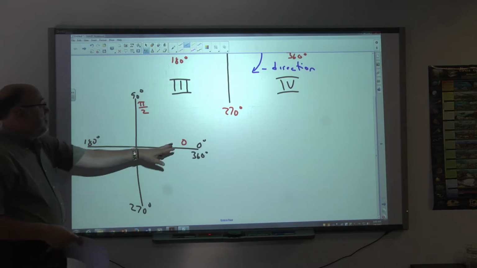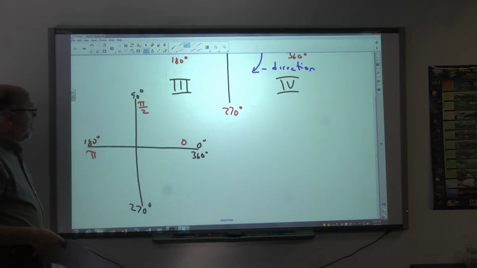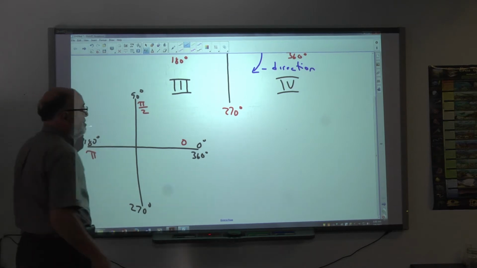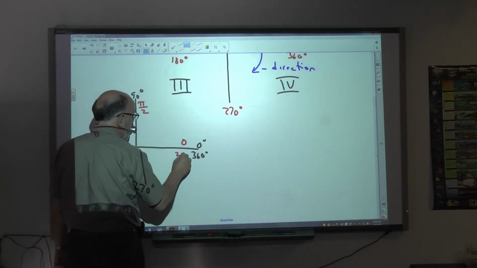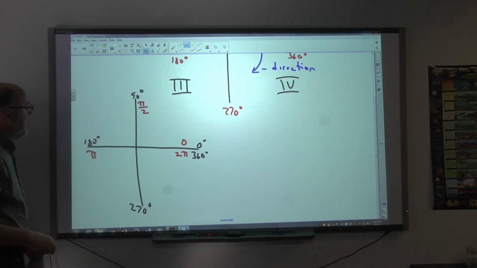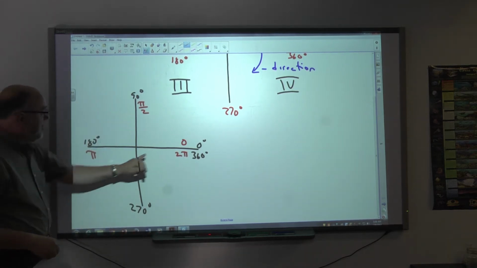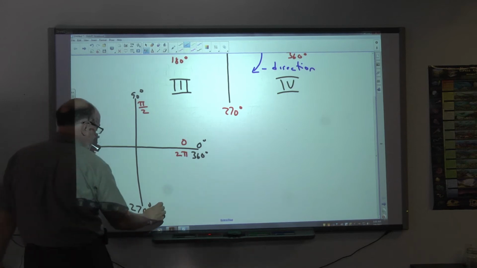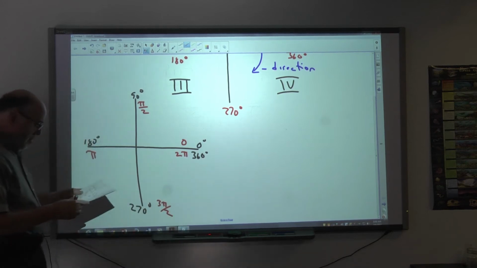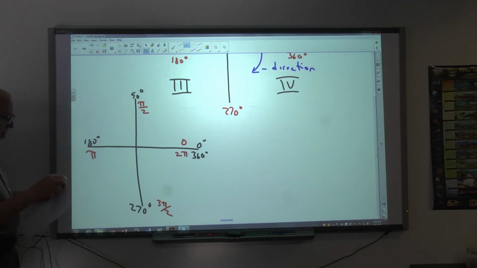Well, again, if 0 is 0, 180 is pi, then 360, which is twice 180, will just be 2 pi. And then 270, which is halfway in between these two, ends up being 3 pi over 2. So we have in terms of the quadrant angles measured out in radians and in degrees.